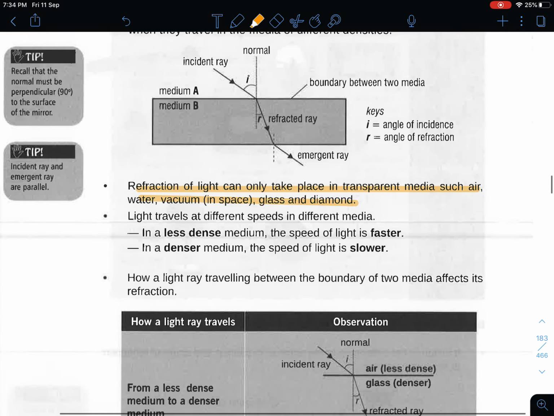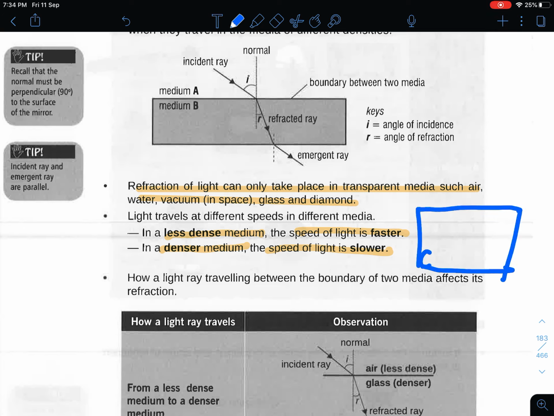So light travels at different speeds in different media. In a medium with less optical density, the speed of light tends to be faster. In a denser medium, the speed of light is slower. So how is it so? Let's say you have a box, and inside has a lot of particles clouding it. This results in the box having a higher optical density.